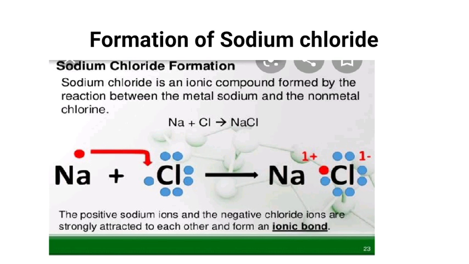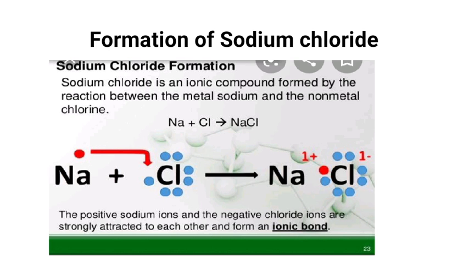Now let us see ionic bond formation in case of some ionic compounds. First, we will see in case of sodium chloride. Sodium chloride is formed when sodium and chlorine combine together. Sodium is a metal and chlorine is a non-metal. Sodium has 1 electron in valence shell. It wants to lose it.